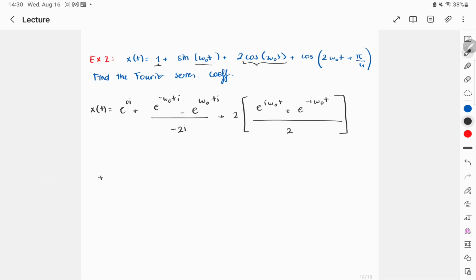Similarly, we will write e to the power of i omega 0.